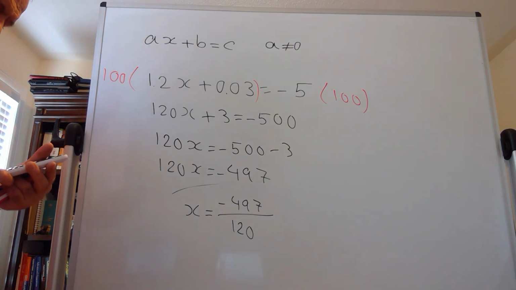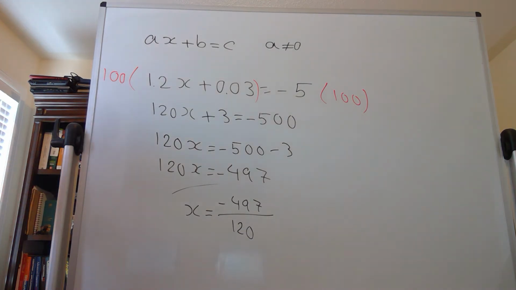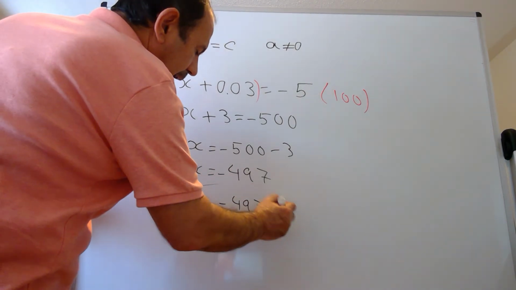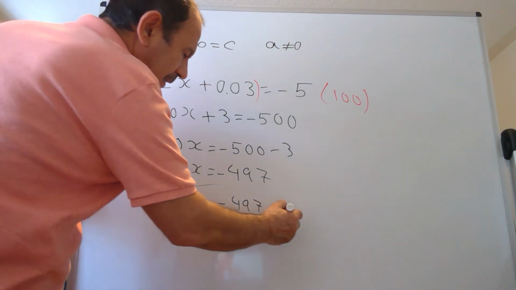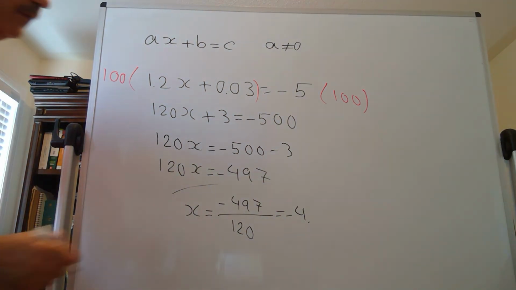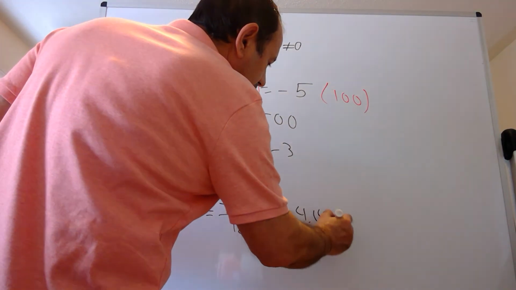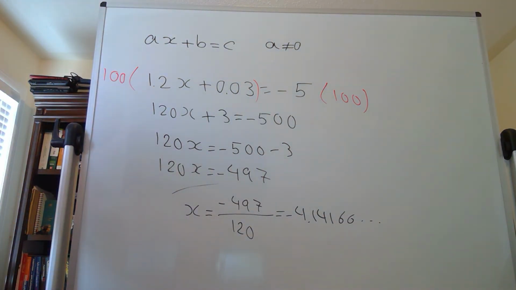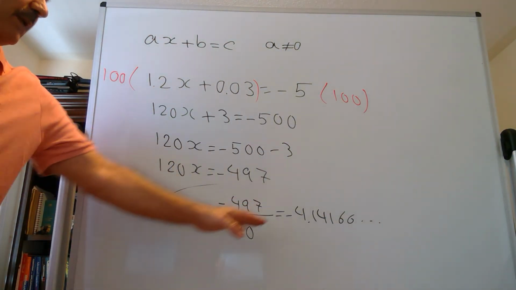497 divided by 120 is going to be 4.141666, and negative times positive is negative, so negative 4.14166, and it keeps going. But remember, how many decimals should we keep?